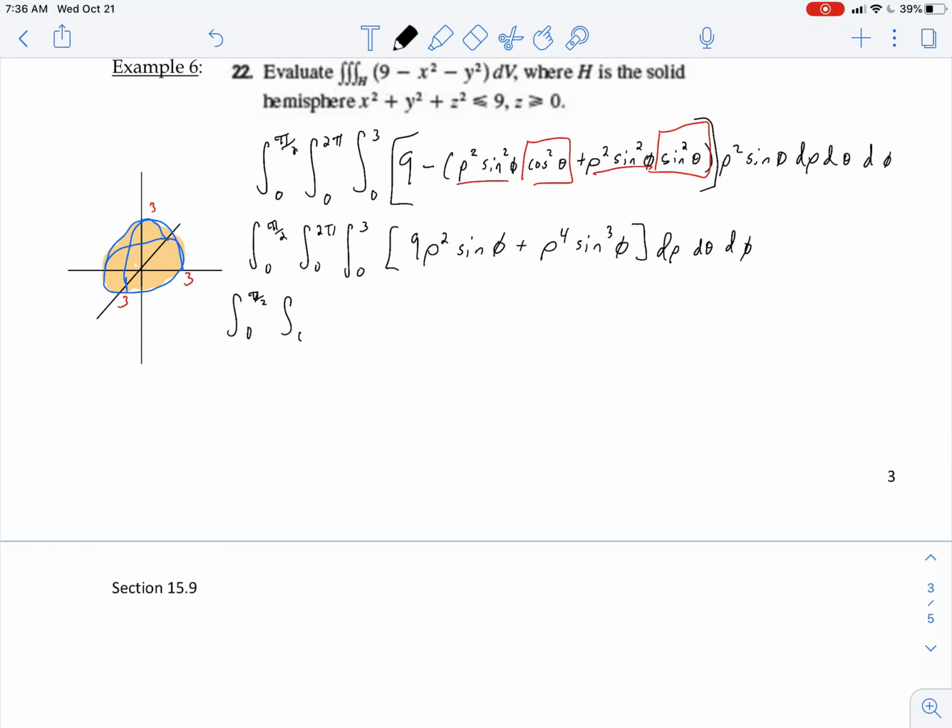All right, now let's go ahead and integrate with respect to rho. So we're going from 0 to pi over 2, 0 to 2 pi.